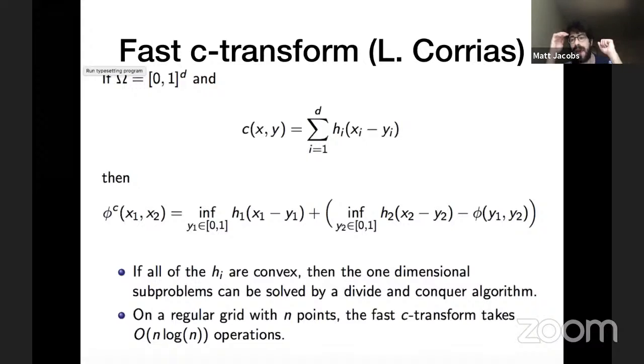The idea is if I have a convex cost and I look at 2 points along a line and I map them, I'm never going to cross the points where they go. So if I have 2 points here, they're never going to end up crossed in the target space. And this monotonicity allows you to do a divide and conquer algorithm where you split the even and odd points, you solve it on even and odd points, you come back and interlace the information. And in this case, you can do it in n log n.